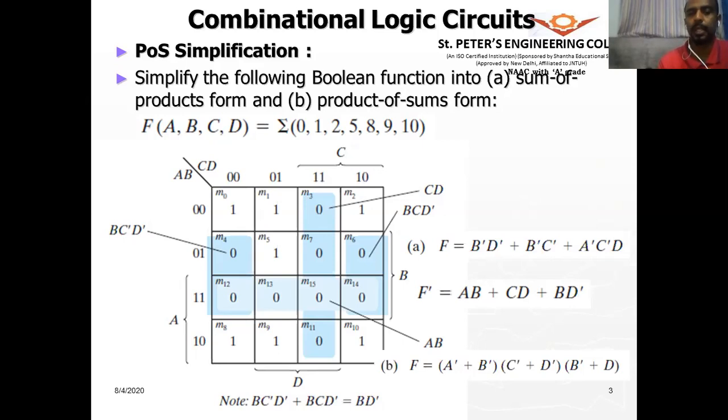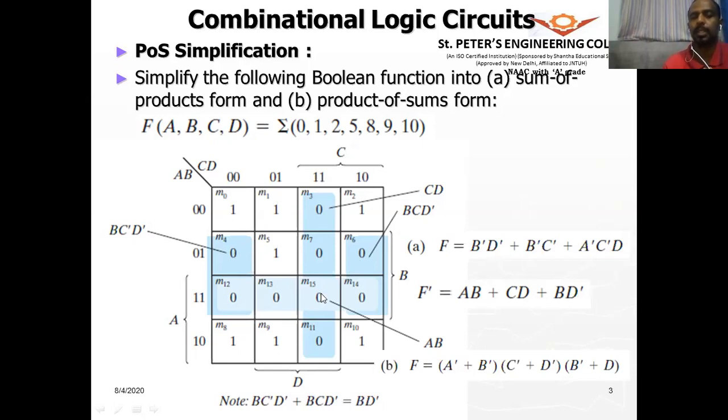All right. Again, I summarize. For the SOP form, we write the corner map and simplify for the ones. We do the grouping for the ones, that means for the function values when the output is 1. Those combinations we take and do the grouping. Next, to find the POS form, we take the zero combinations, the min terms for which the outputs are zeros.